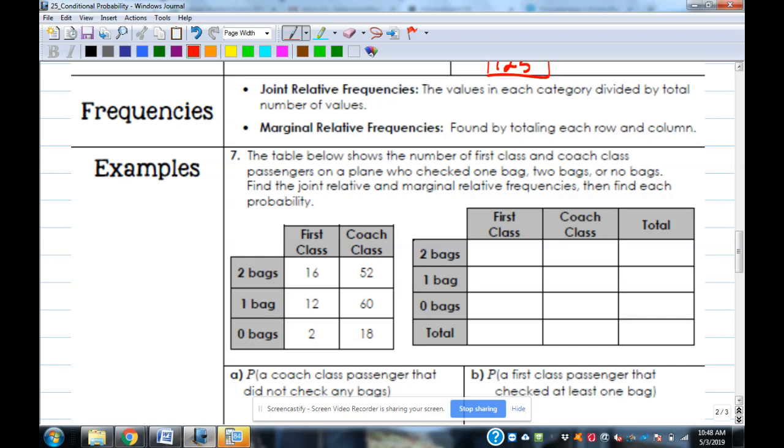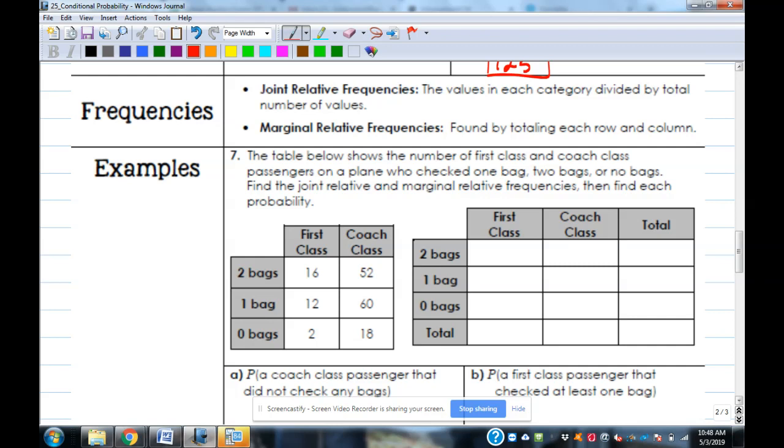It's kind of like the probability of that individual piece. The marginal relative frequencies are found by totaling each row and column. What we've got here on the left is a chart of some data, and on the right we're going to make a frequency chart out of that.